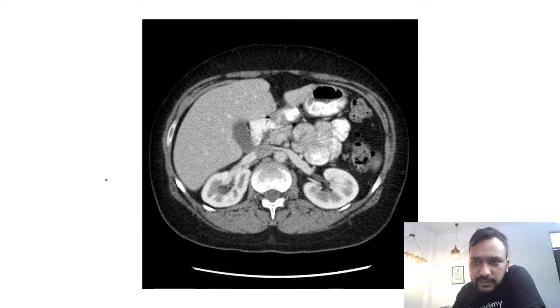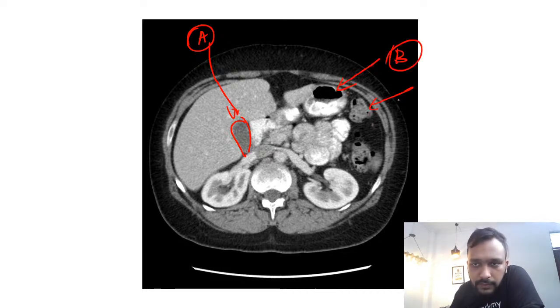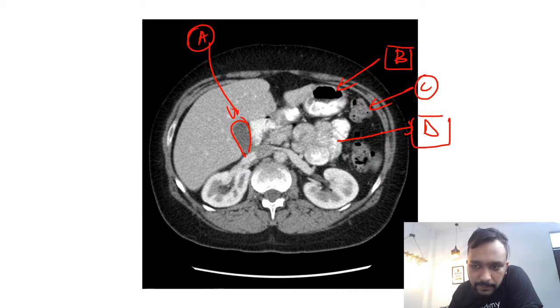Now coming to a few sections lower down from the above section, here we can see, guys, first you can try to identify A, B, C and D. Try to label all these structures.